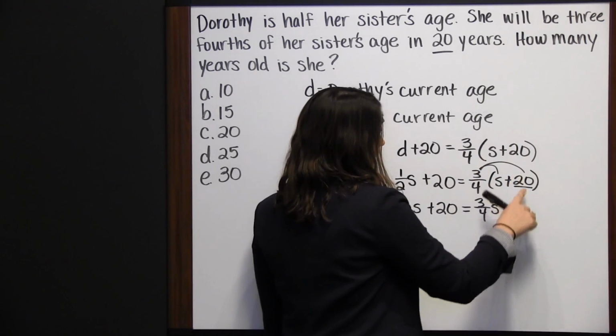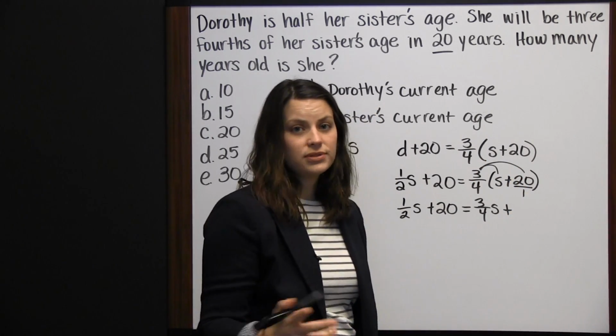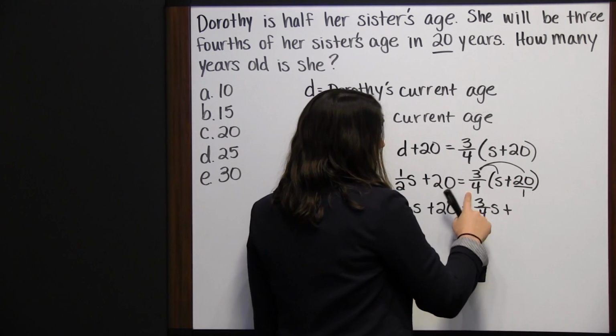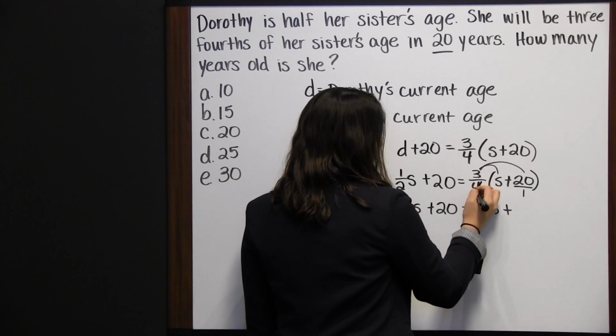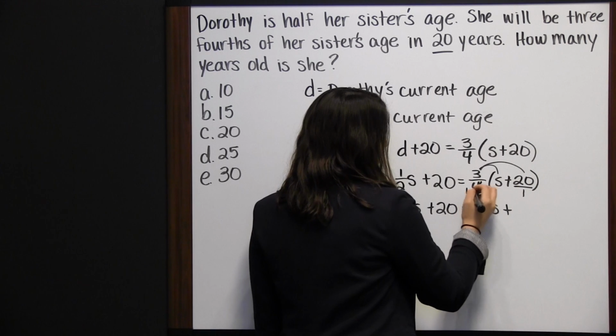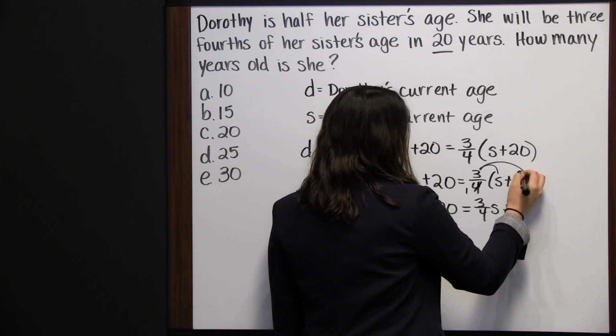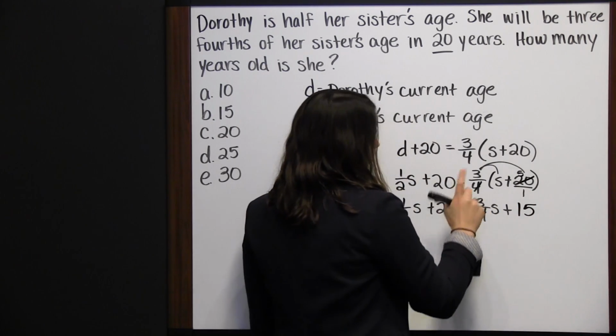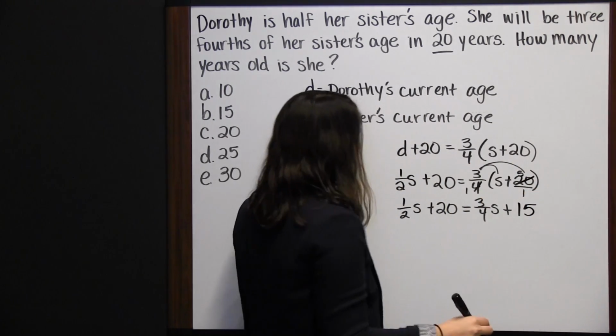I'm simply multiplying two fractions together, so I can use this shortcut. I'm going to divide both 4 and 20 by 4. 4 divided by 4 is 1, and 20 divided by 4 is 5. So 3 times 5 is 15. 3/4 of 20 is 15.